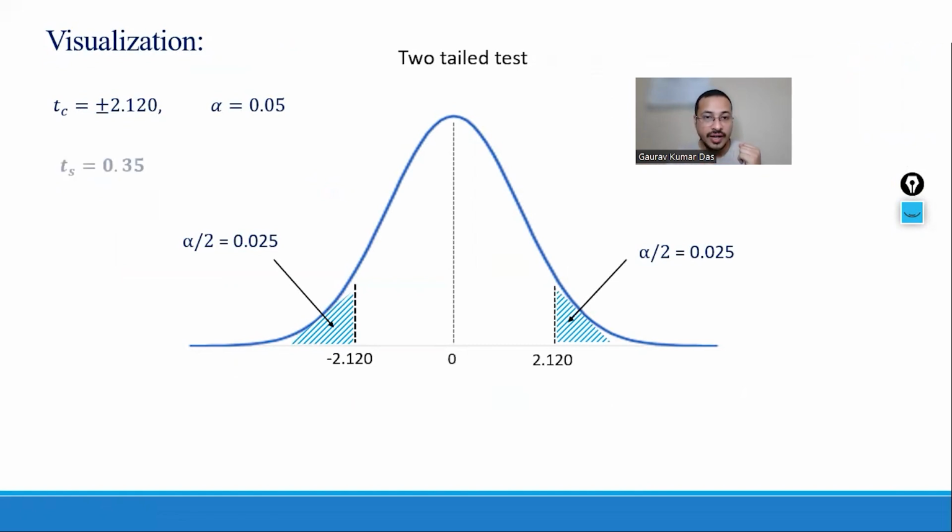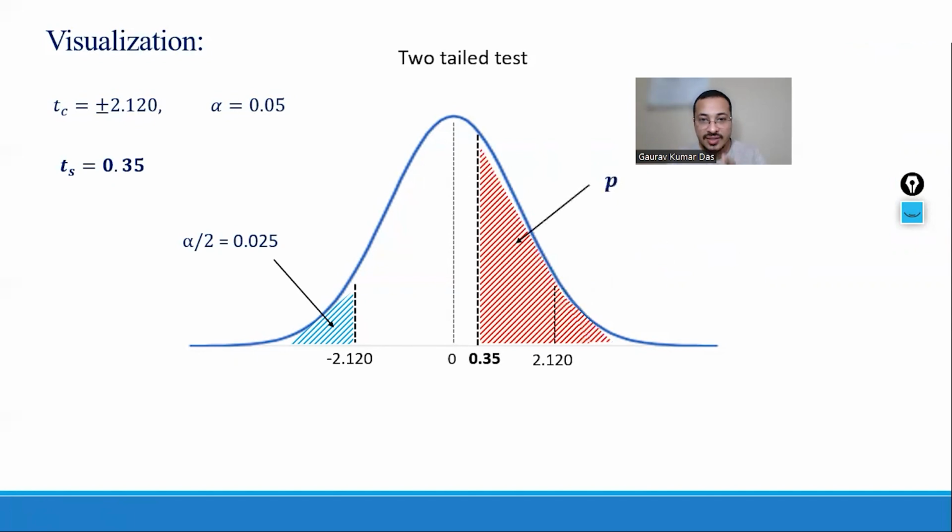So now if we look at the TS calculation, TS is 0.35, which is less than 2.120, much less than 2.120, but greater than 0. So I'll compare on the right hand part, the positive part, right?